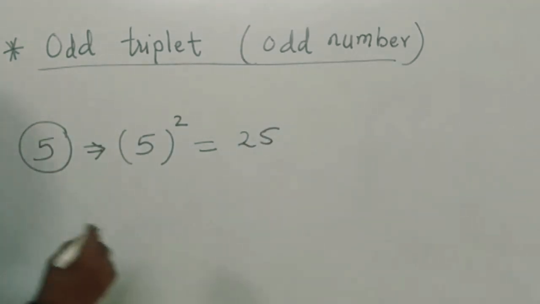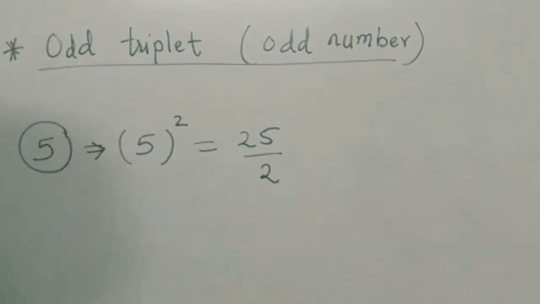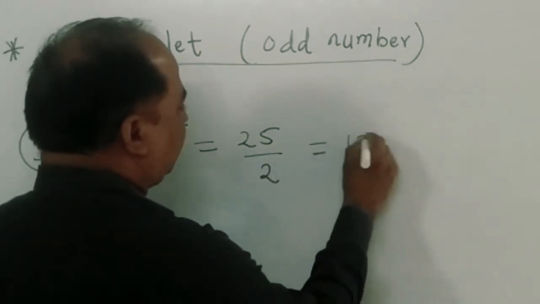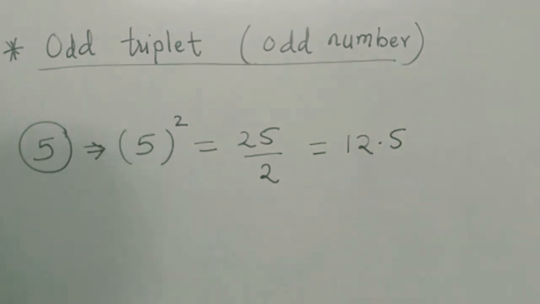Now divide this 25 by 2. Half of 25 is 12.5.